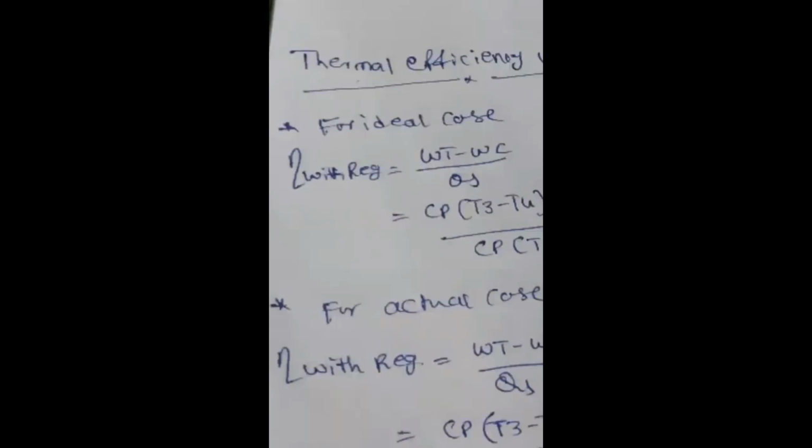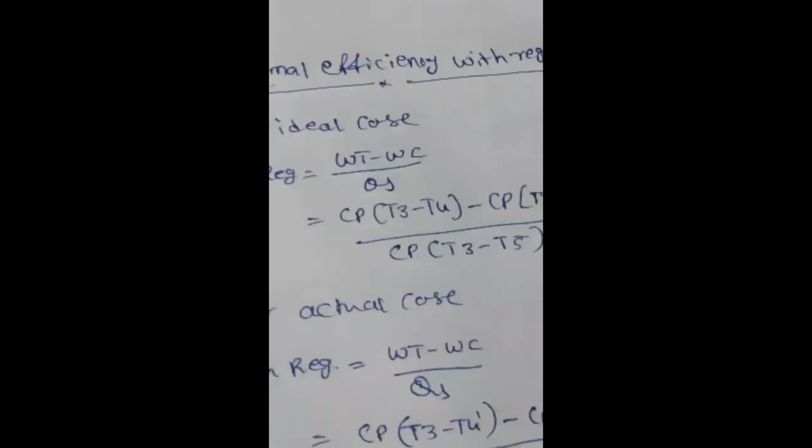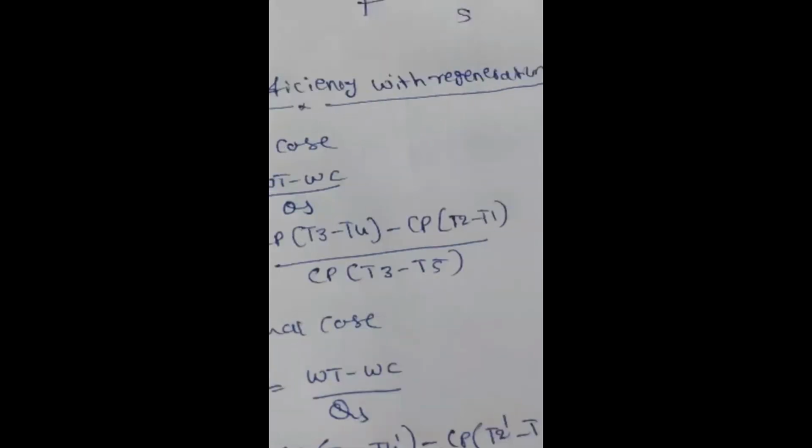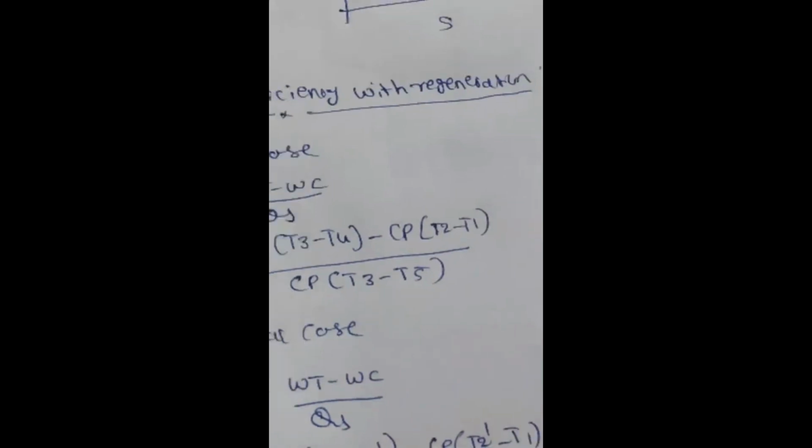For the ideal case, we are writing the net work divided by heat supply. What is the turbine work? Cp (T3 minus T4), and the compressor work for the ideal case is Cp (T2 minus T1). But you need to take care of the heat addition. We are doing the ideal case with regeneration.